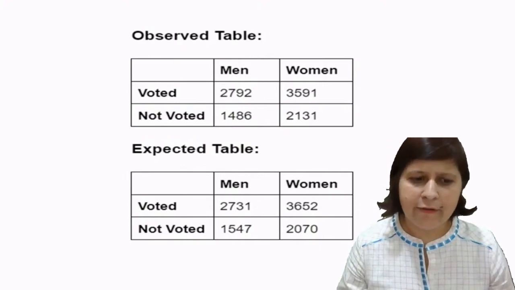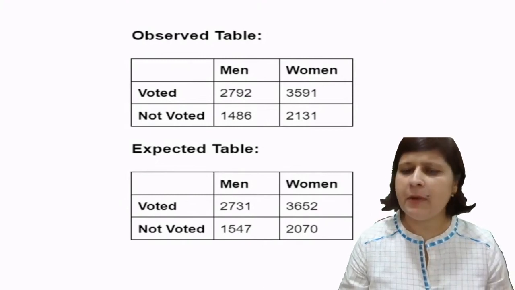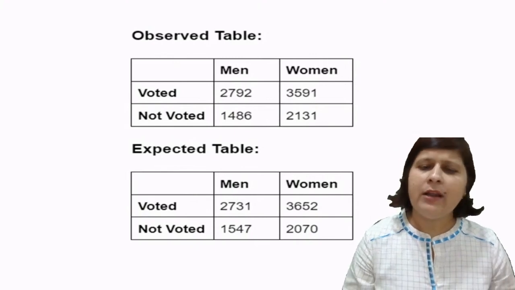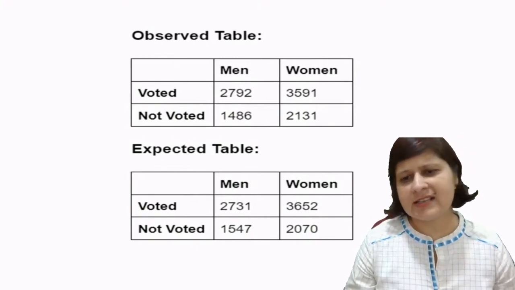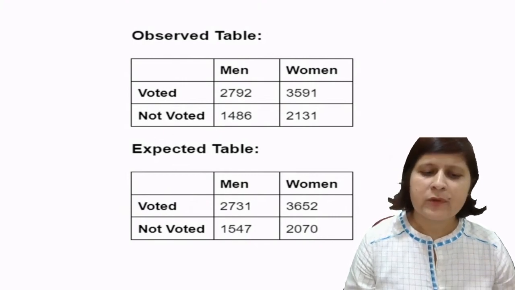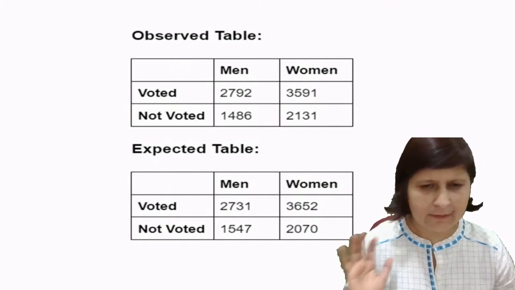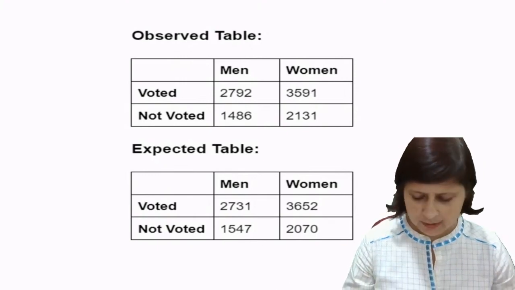Then my observed values for the men who voted are 2792 and women 3591, while not voted men are 1486 and women are 2135. Expected values were 2731, 1547, 3652 and 2070 respectively, right?